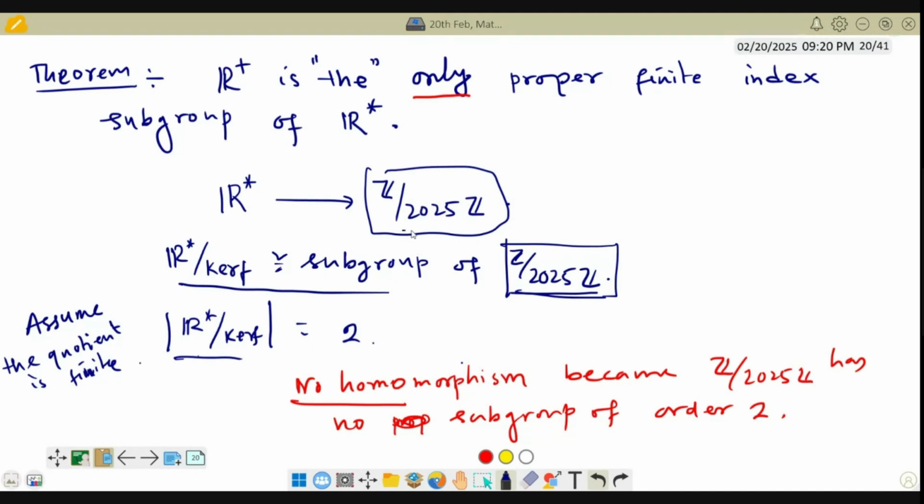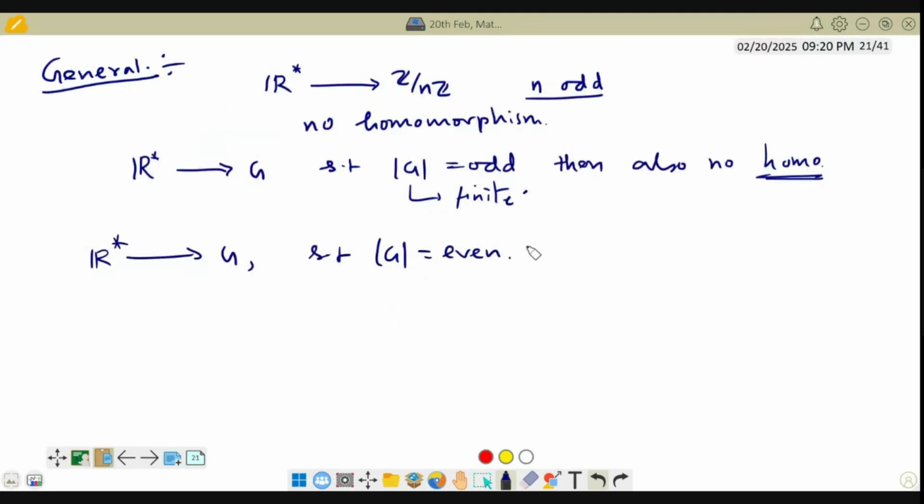But it depends on the structure of G. We will surely have a group homomorphism. So we have covered all the cases, G finite of odd order or even order.